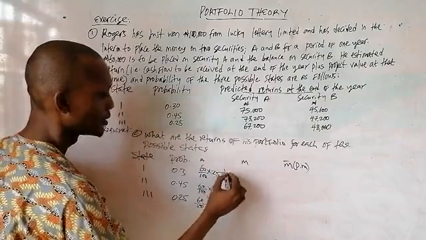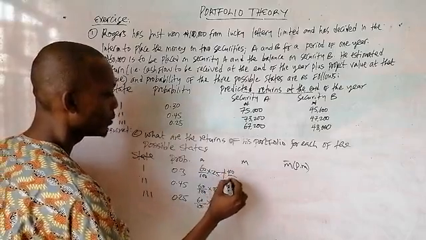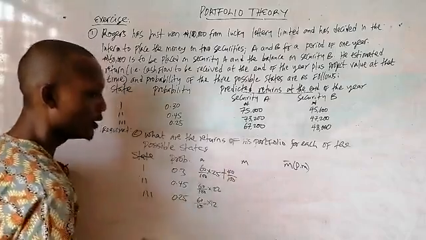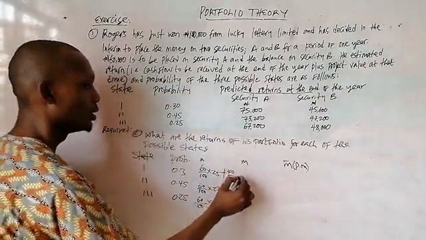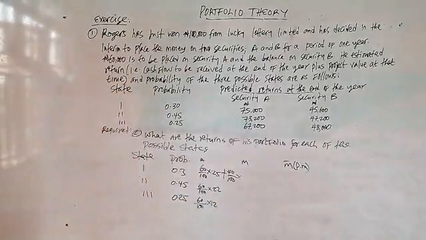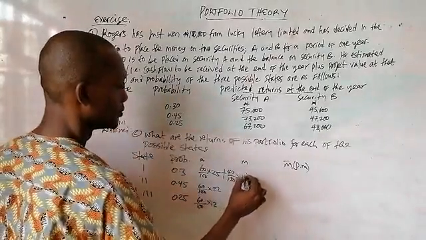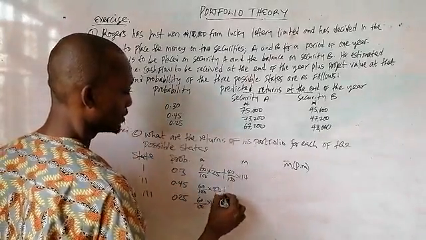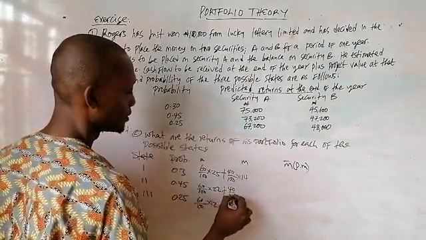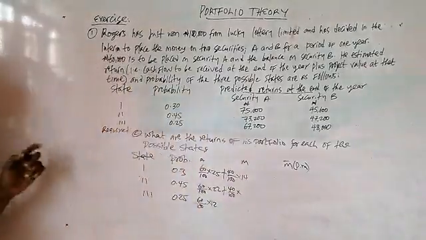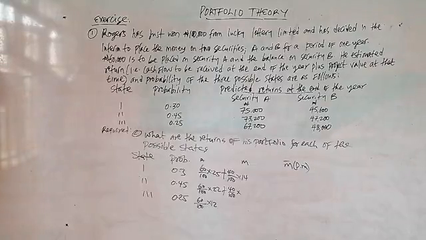Plus 40% of the total value multiplied by the return for security B in state 1. The return is 14. So 40% multiplied by what is the return we computed for security B in state 2?